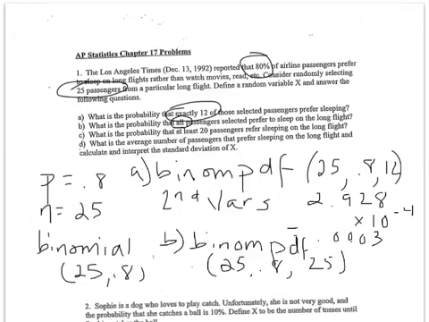Okay, so second vars, all you have to change is the x value. And this one, the probability is still small, but higher. So it's 0.004. So less than 1% of the time are we going to see that all the passengers would say that they like to sleep on a long flight.